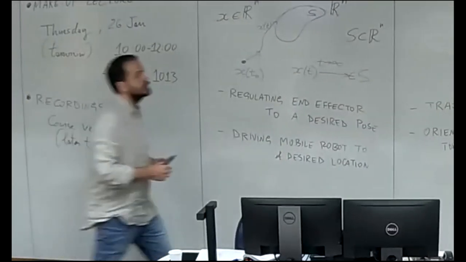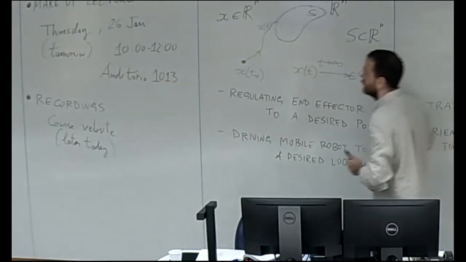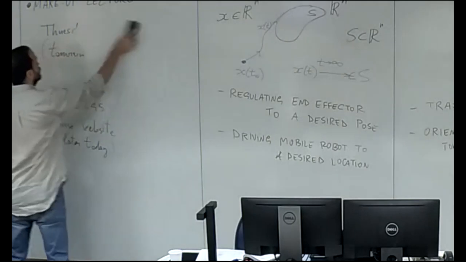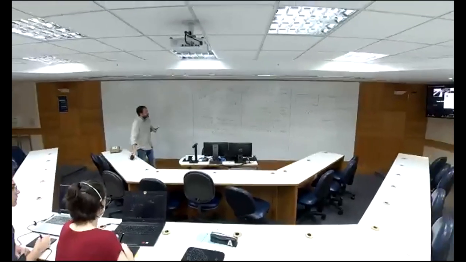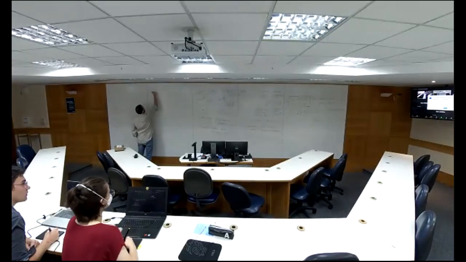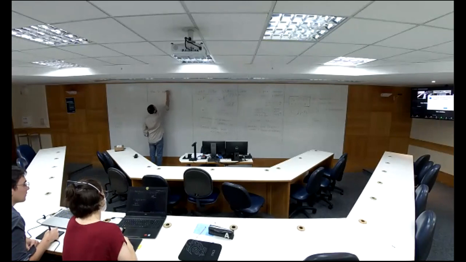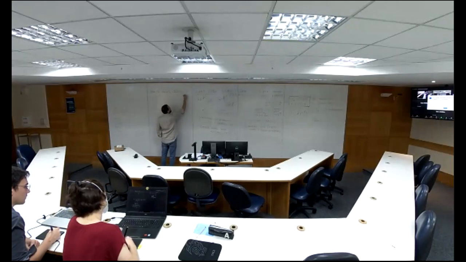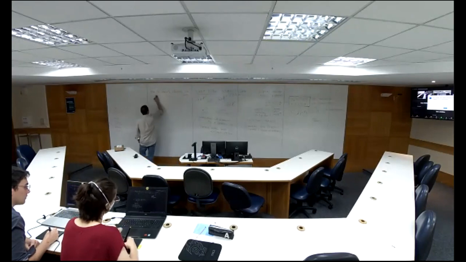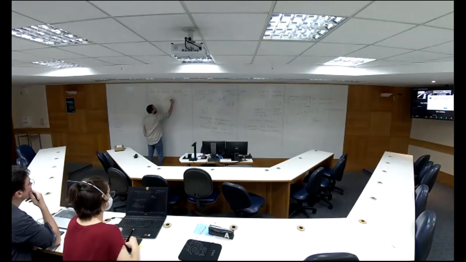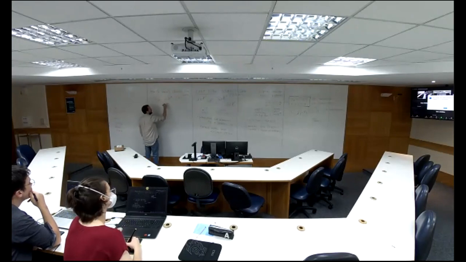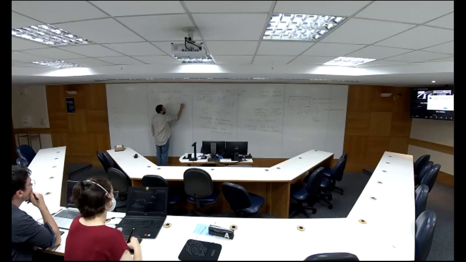Then, once we figured out the dynamics of our system, the execution of the stability task becomes: find u in R^m such that x(t) converges to S as t goes to infinity.